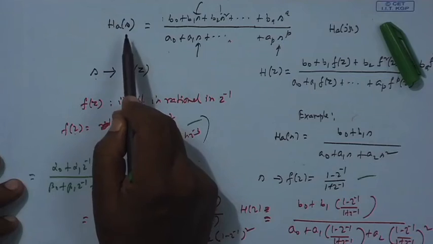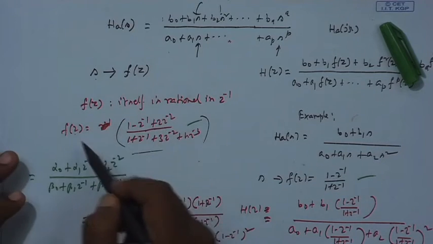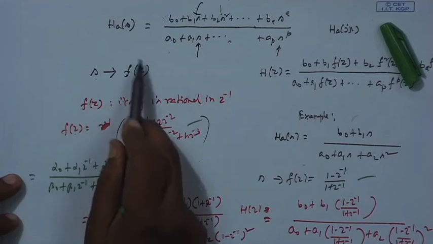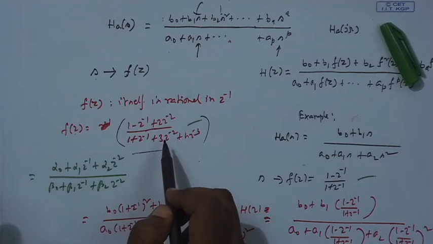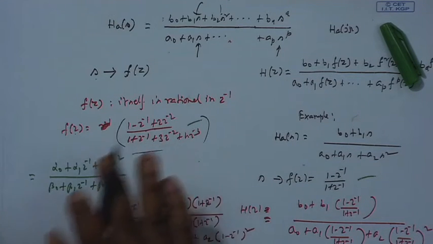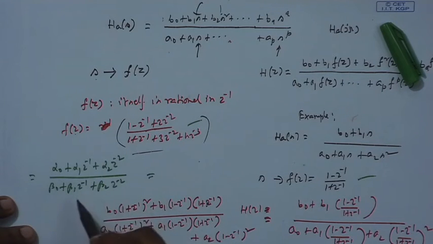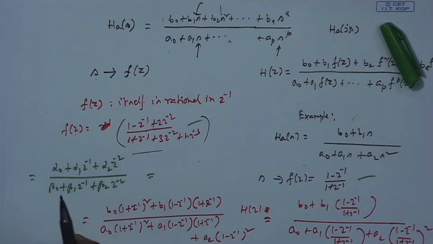So, if an analog filter is designed, and from that a digital transfer function is to be derived, wherever there is S, we replace it by some function of Z which is a rational function in Z inverse. Then at least one thing is assured, we get a rational H(z).